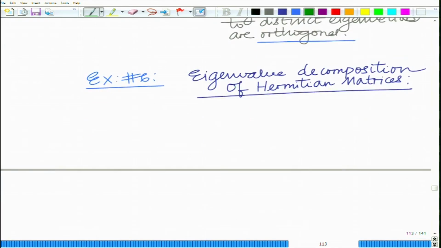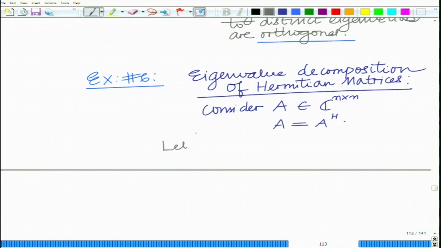For a Hermitian matrix, that is, consider an n cross n complex Hermitian matrix A equal to A Hermitian, that is Hermitian symmetric.